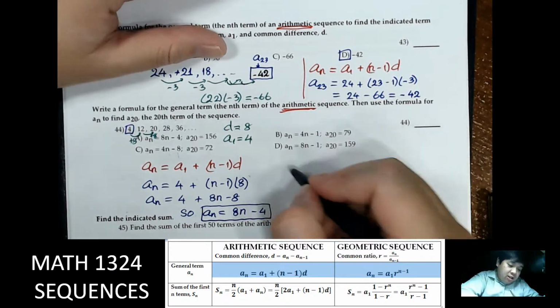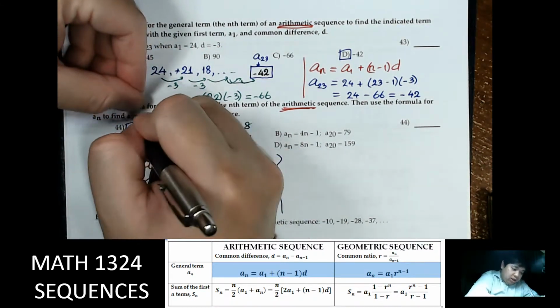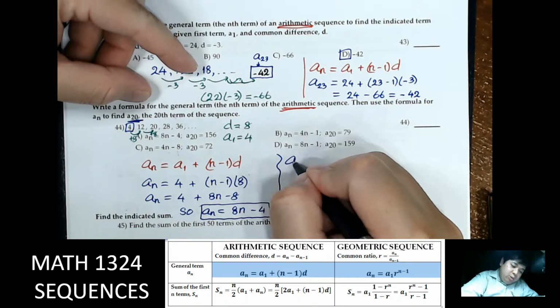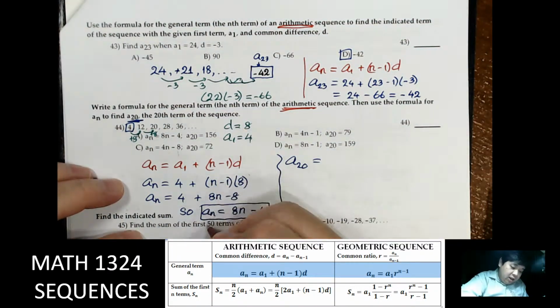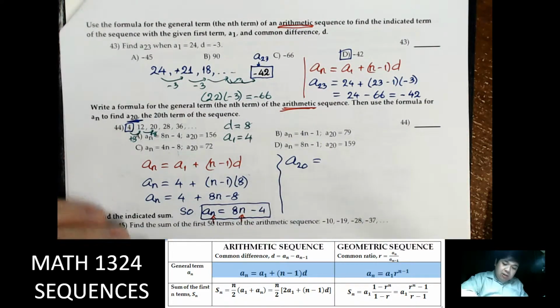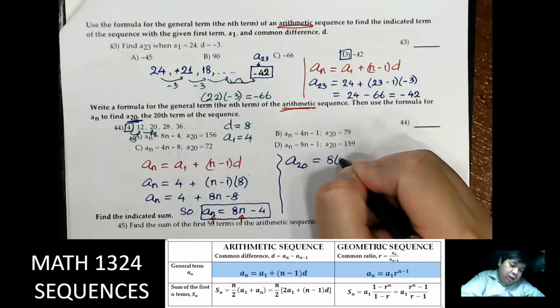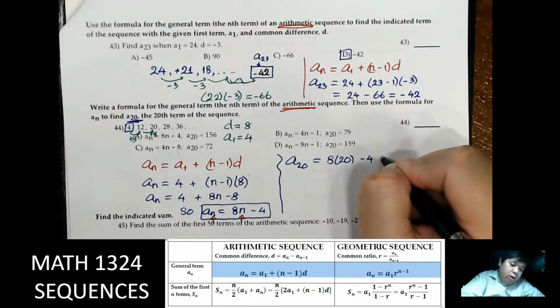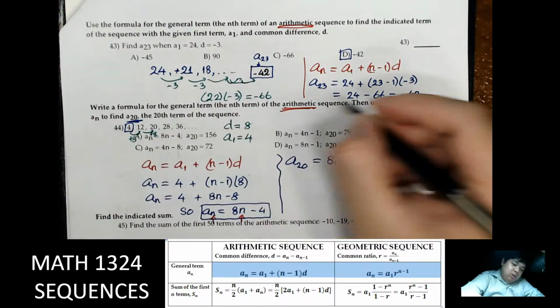Once we have that, we just need to find the 20th term. So a of 20, we just need to put 20 in for where the n is, here and here. So 8 times 20 minus 4, 160 minus 4 is 156, and that's going to be a20.